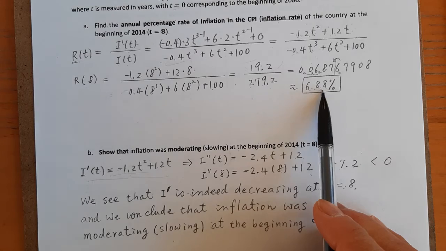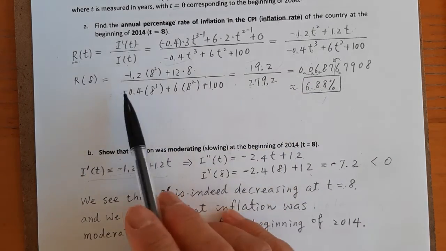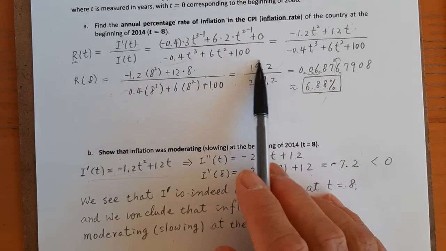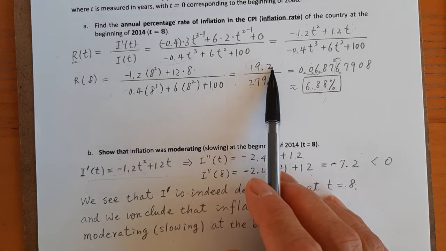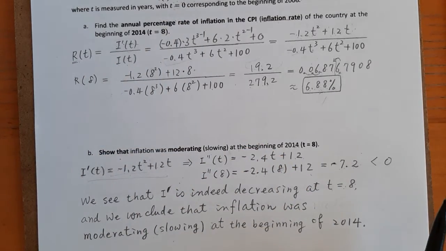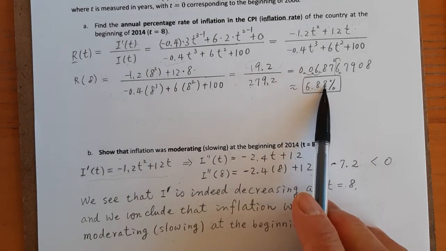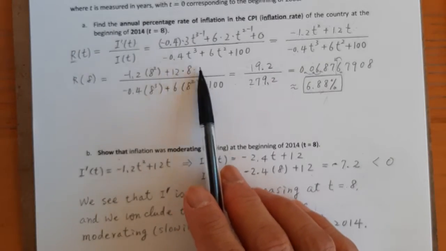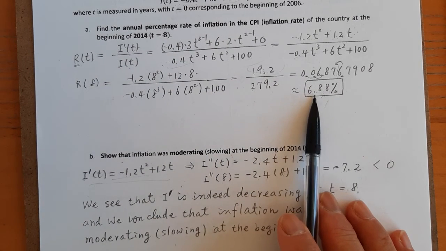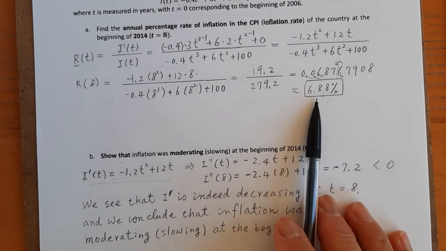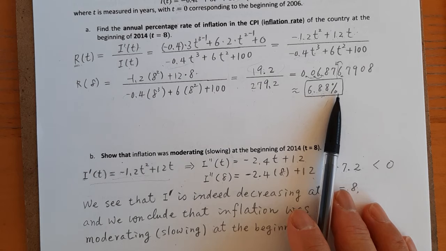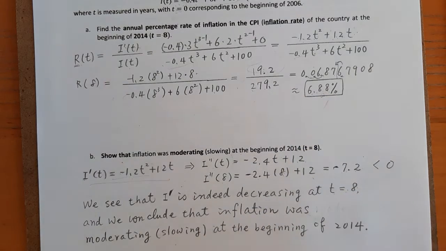That means the relative rate is positive, and I prime of t is 19.2, which is positive, so the consumer price index is increasing when the first derivative is positive. Prices go higher each year, increasing by 6.88%. Higher and higher, that's inflation.